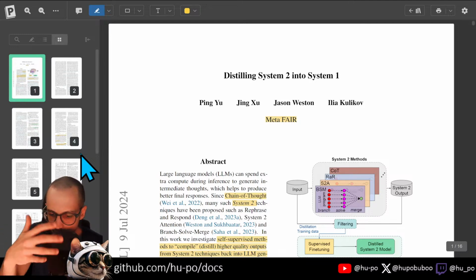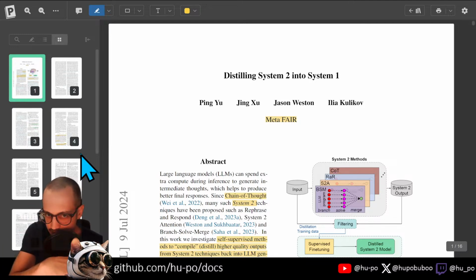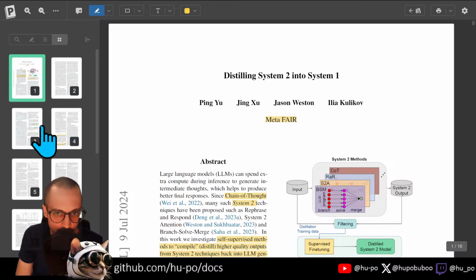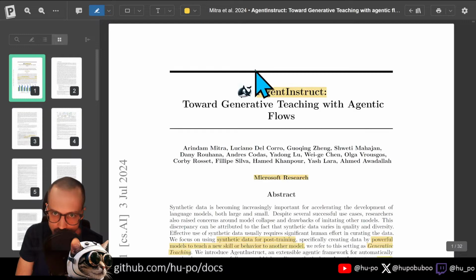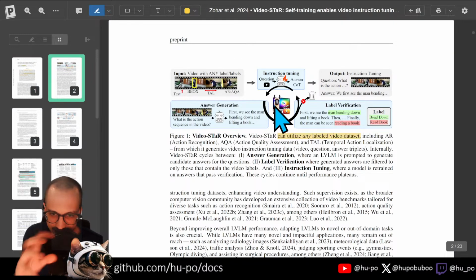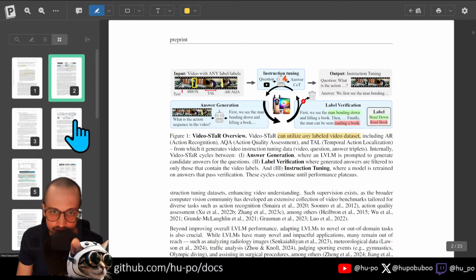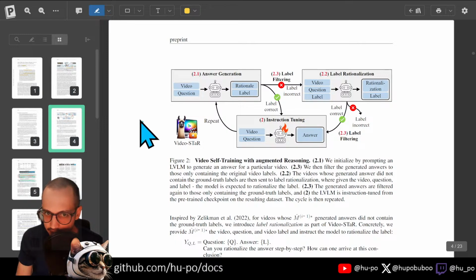And in order to make that output higher quality than whatever the model was originally trained on, you're using some kind of filtering, or here they're using the chain of thought as a way of guaranteeing a higher quality. And here they're using filtering based on the metadata associated with that video.